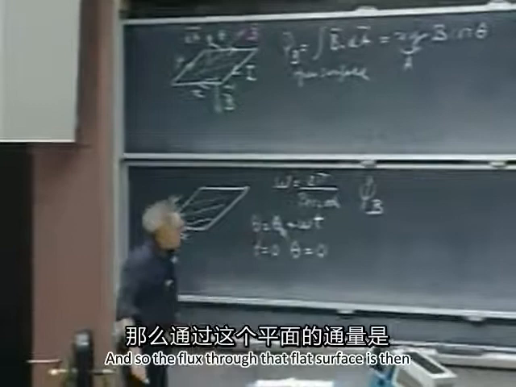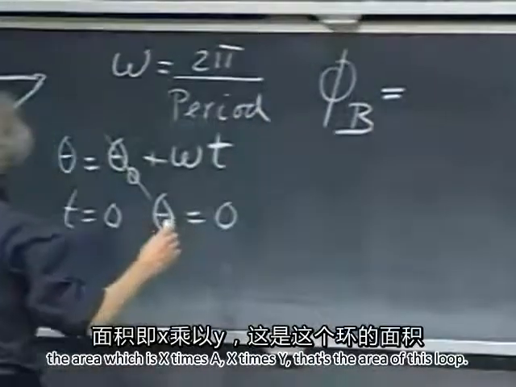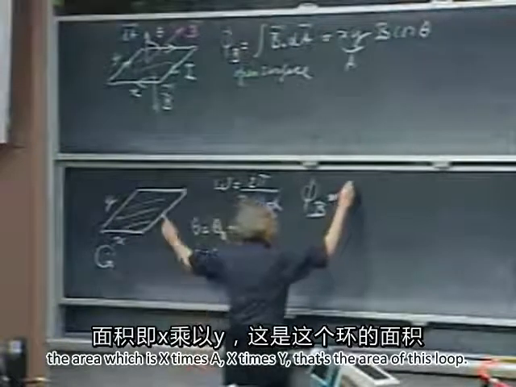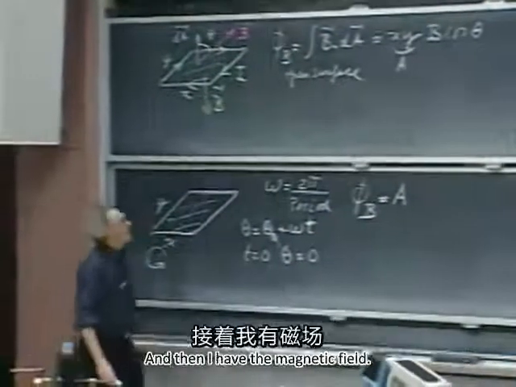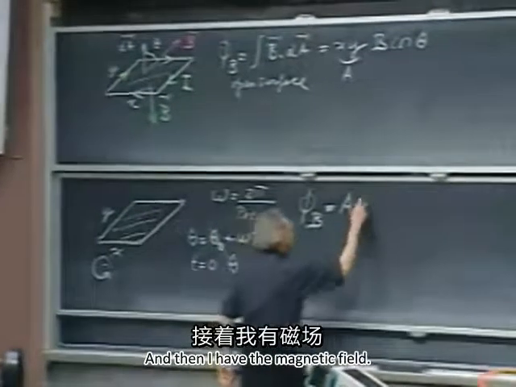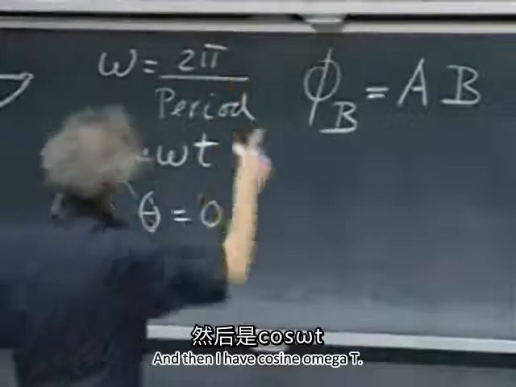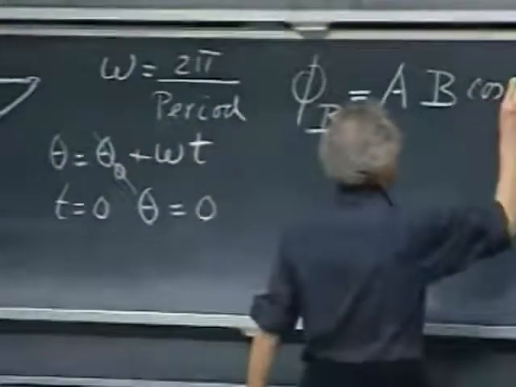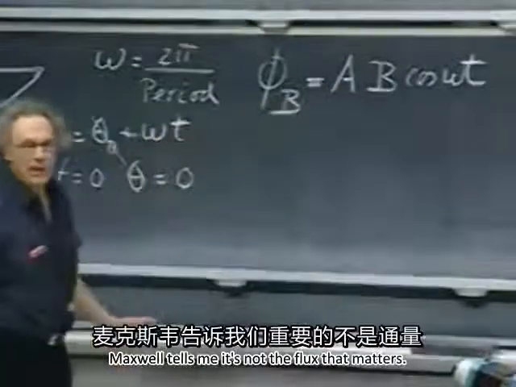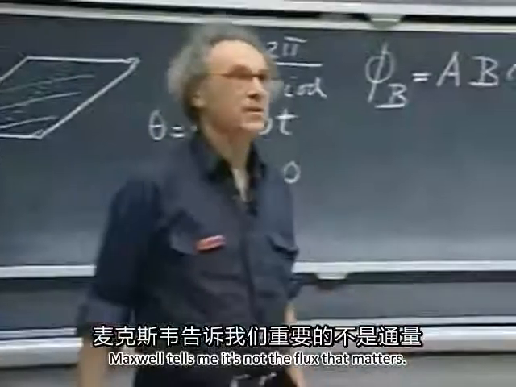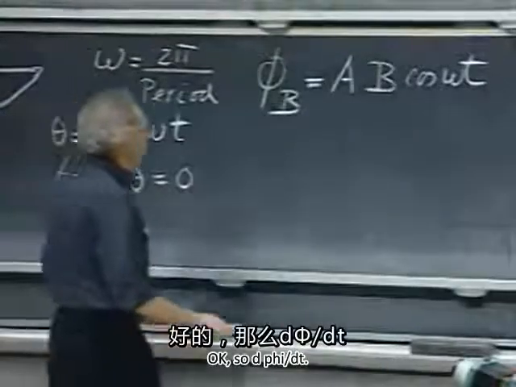And so the flux through that flat surface is then the area, which is x times y, that's the area of this loop. And then I have the magnetic field. And then I have cosine omega t. Maxwell tells me it's not the flux that matters. It is the change in the flux that matters. Okay. So d phi/dt.